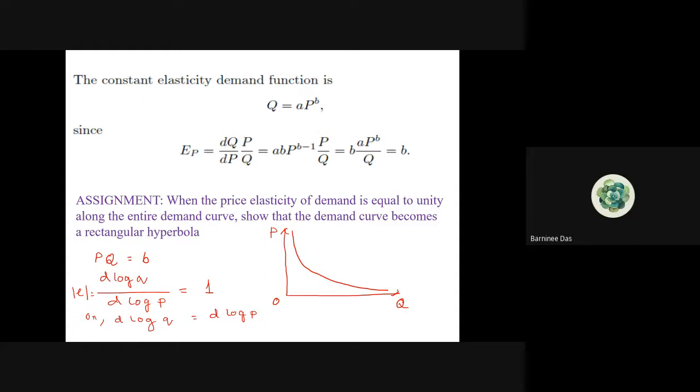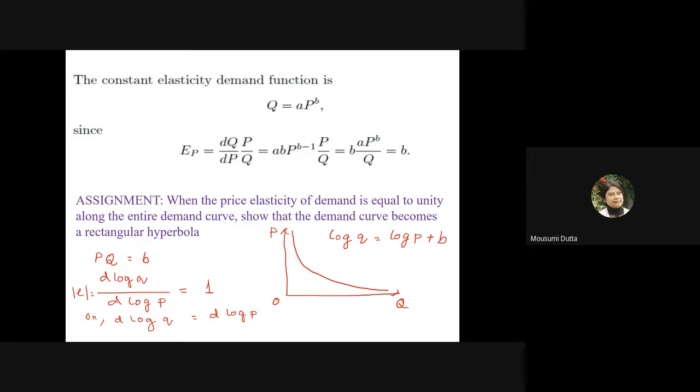Then log Q will be log P plus C. I didn't get you. Would you be a bit clear? Then by integrating d log Q equals integrating d log P, we will get log Q equals log P plus C. Yes.